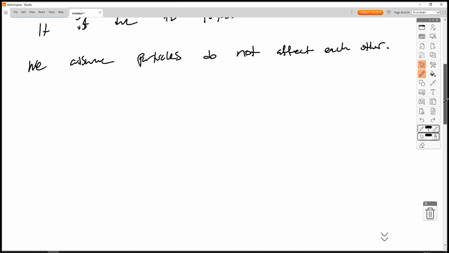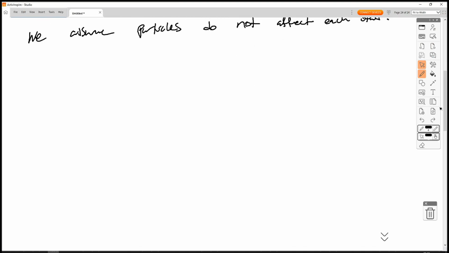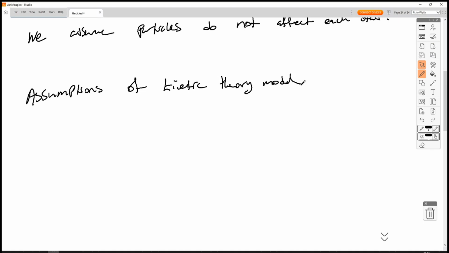Now, the kinetic theory model has 4 assumptions. So these are: 1, time occupied by collisions is negligible compared to the time in between collisions.